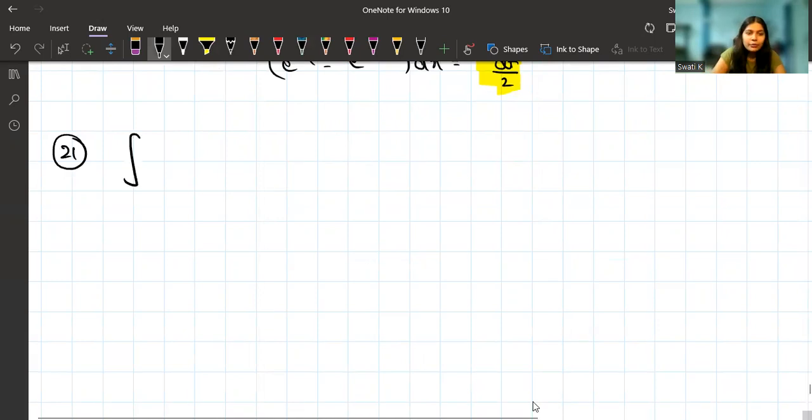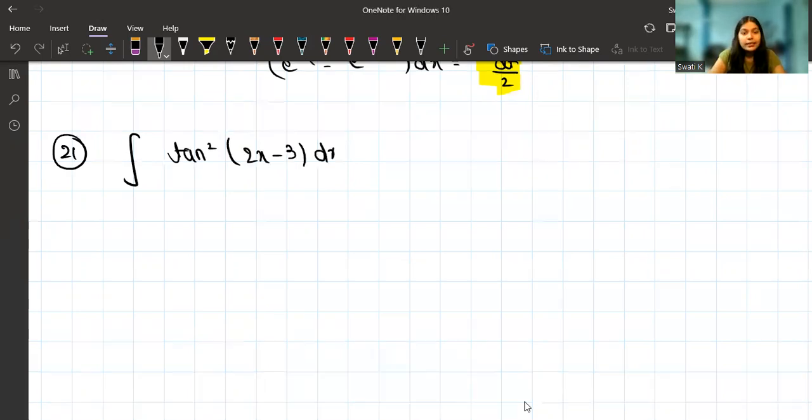So now we have to integrate tan square in bracket 2x minus 3 dx. Again, if you are very good in derivative, you should understand here what you need to substitute. Before you substitute, it is best if you use a formula, and that is sec square x minus tan square x is 1.